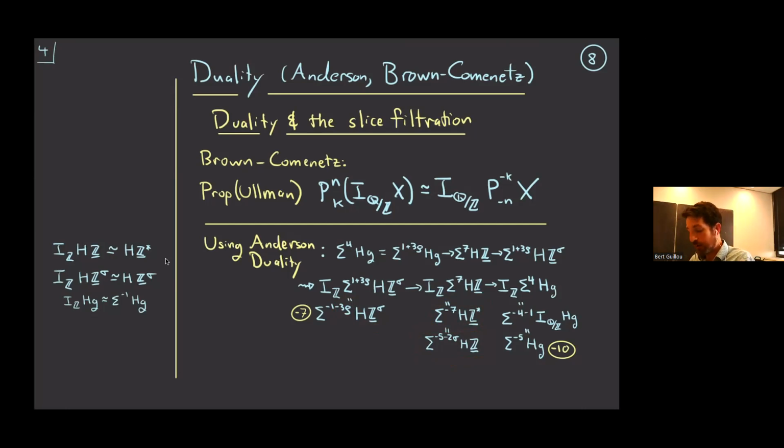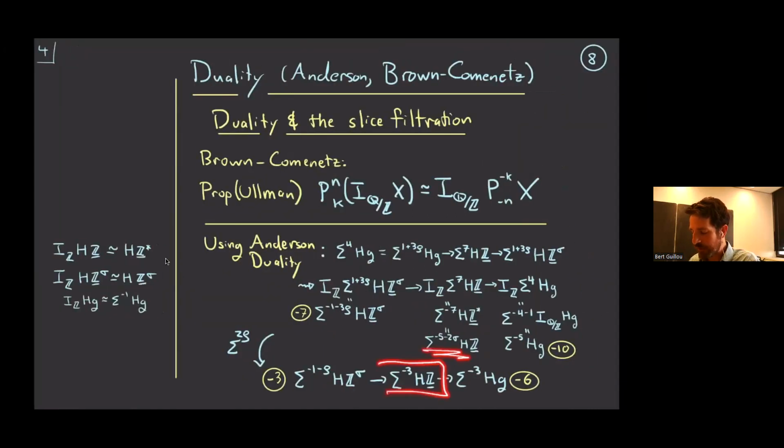And then we can play around with this. Maybe we're particularly interested in integer suspensions of HZ. And so here we have this 2 sigma. We can get rid of that by suspending by 2 rho, which will cancel off the 2 sigmas that we have. And if we do that, then this will become a -3 HZ.